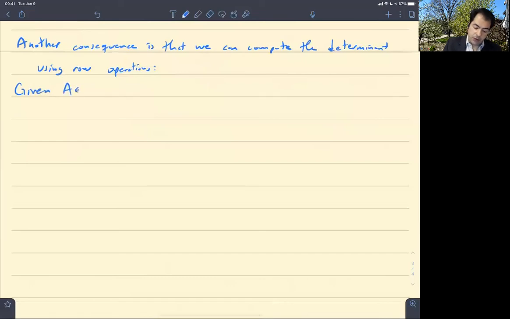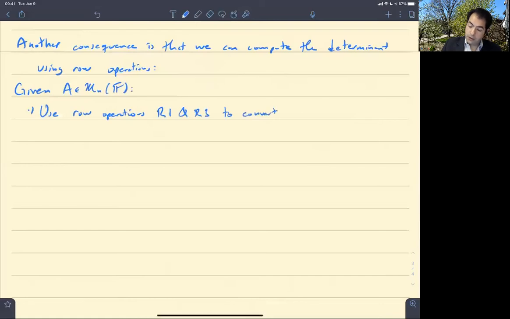Given a matrix A of size n by n, coefficients in the field F, you can use row operations R1 and R3 to convert A into an upper triangular matrix B. Right, so remember R1, you're adding a multiple of one row to another one, and R3, you are switching the order of two rows.